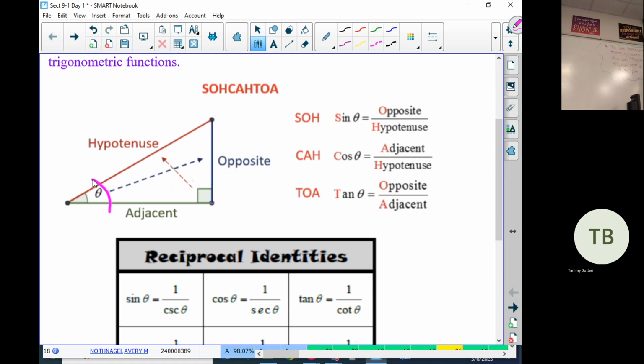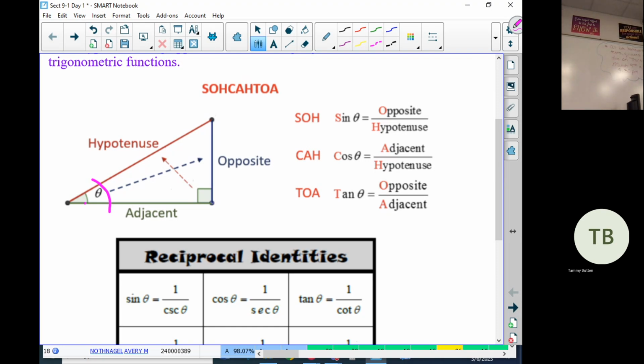Across from the angle you're given is opposite. So notice across is opposite. And then the side that's in between your right angle and the angle that you're given is called adjacent. It's the side that touches your angle. That's a leg. It's not the hypotenuse. So across is opposite, across the right angle is hypotenuse. The side that's between your right angle and your angle is adjacent.